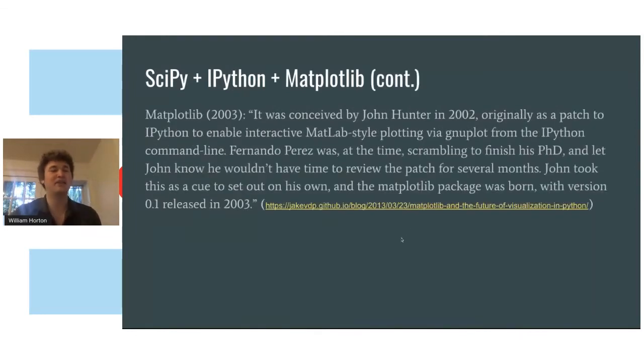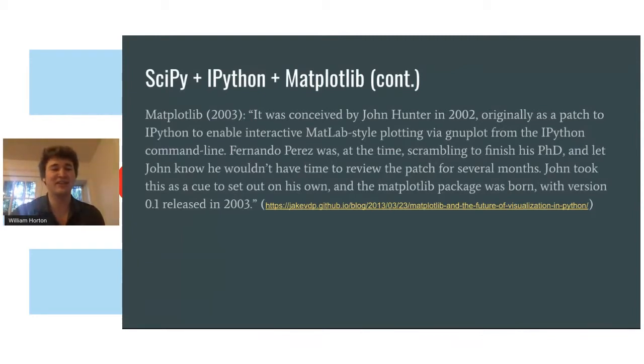And then finally, Matplotlib. And this was an interesting anecdote. Another thing I found when I was researching this talk is it was originally conceived as a patch to the IPython tool. So it was going to enable plotting in IPython. But the creator of IPython, Fernando Perez, did not have time to look at the patch, and so it became its own library, a library that a lot of people still use today.